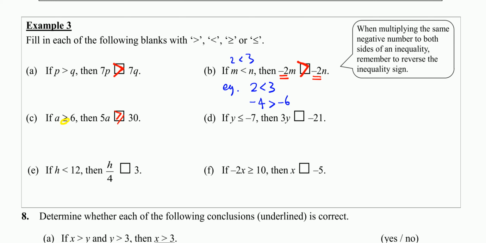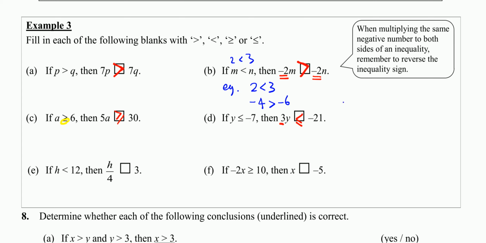And okay, for part D, since we multiply by a positive number, as you can see, we can apply 3 in here. For multiplying a positive number, we don't need to change the position of the arrows, the inequality size. So it should be this.